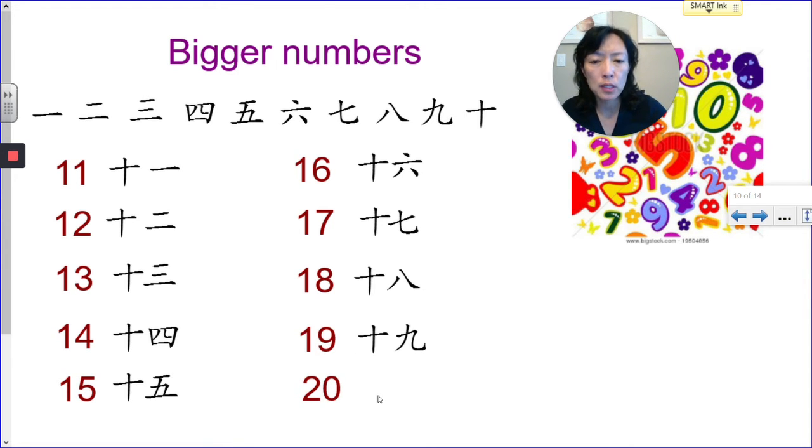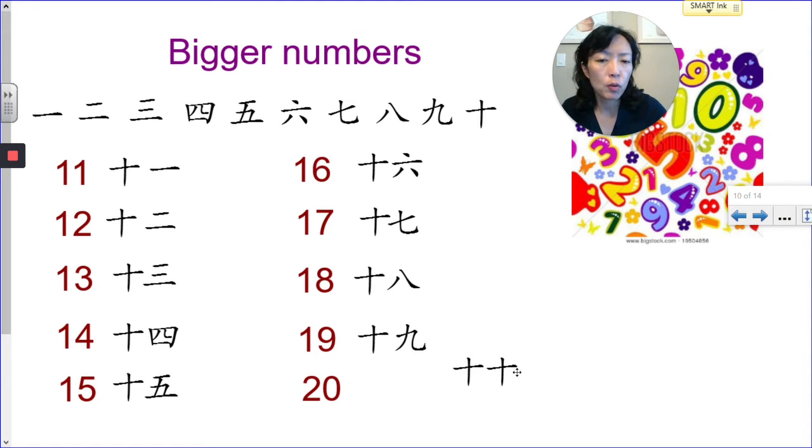And what about 20? We're going to use a little bit of math too. So 20 actually is two 10s added together, right? A 10 plus 10, but remember, we don't do 10 10 because, of course, there are two 10s over here.